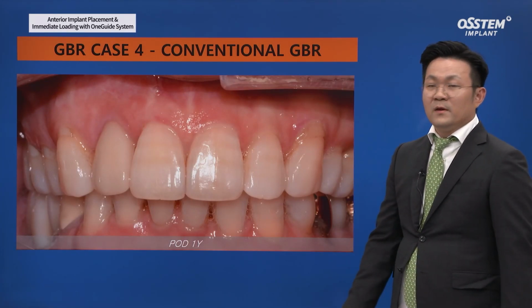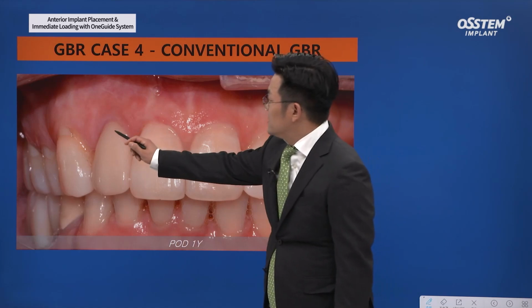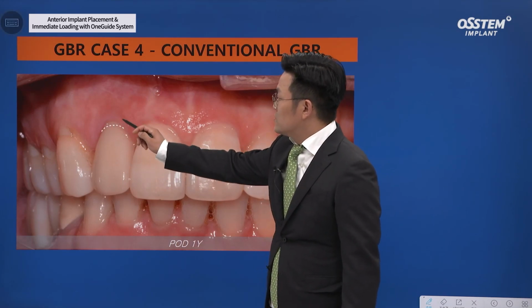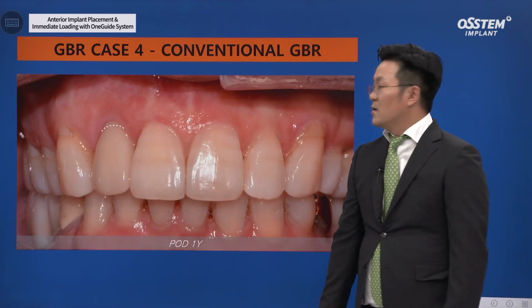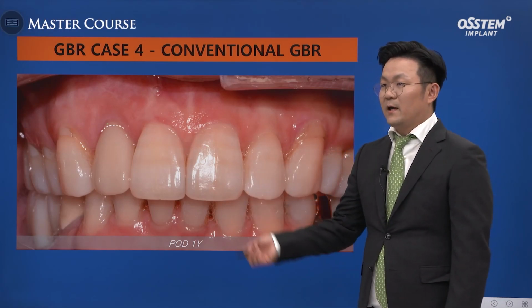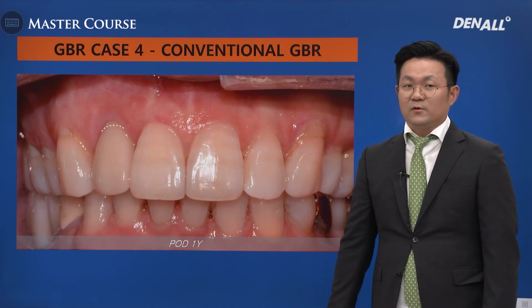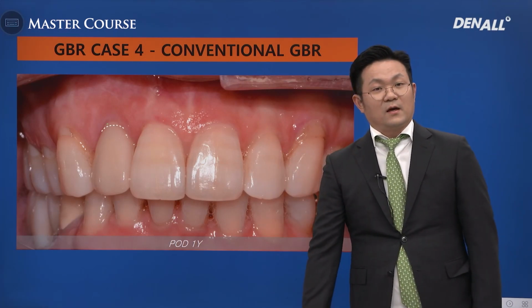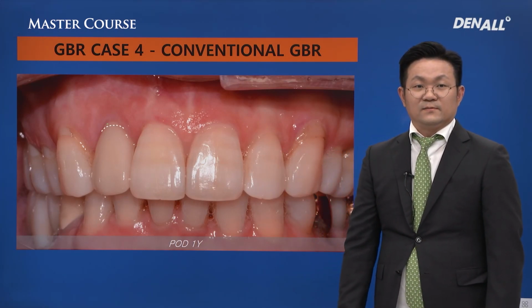And after 1 year, again, in this area, slightly softer recession can be observed, but a link abutment was used, and zirconia is on the back side, so the abutment does not look that ugly.